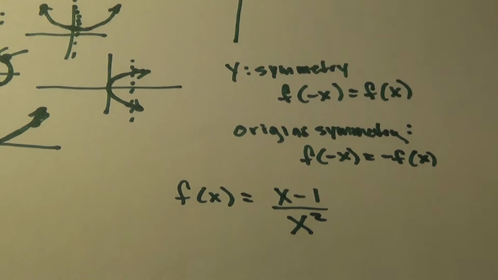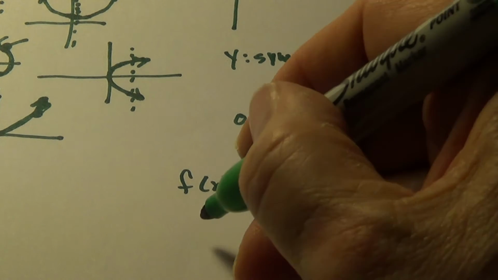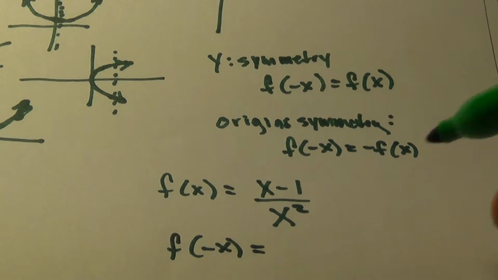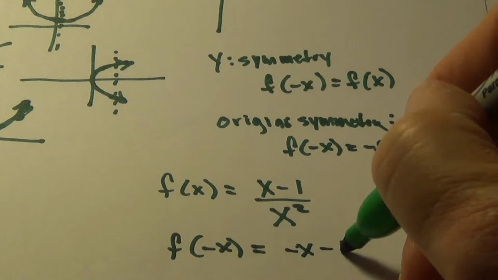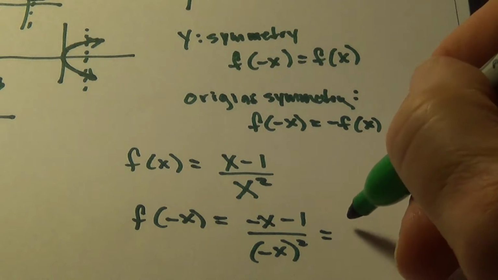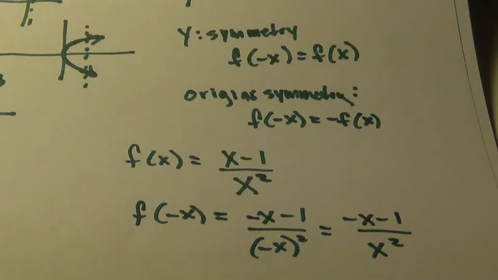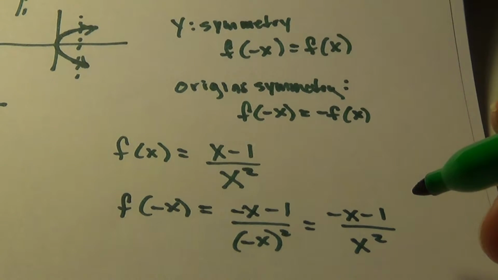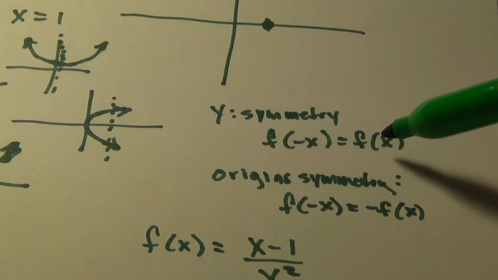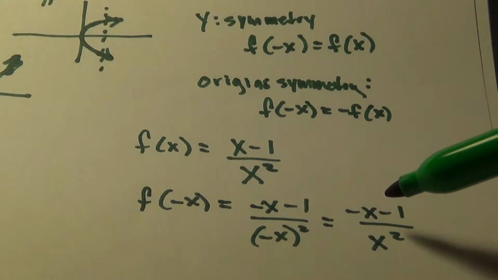Alright, so here's our function, and the test requires us to put in negative x. So what happens to our function when x is replaced with negative x? Well, this becomes negative x, and this becomes negative x. So simplifying, I get minus x minus 1 over a positive x squared. The y symmetry says when I do that, I come out with the original function. This is not the original function. So it does not have y symmetry.